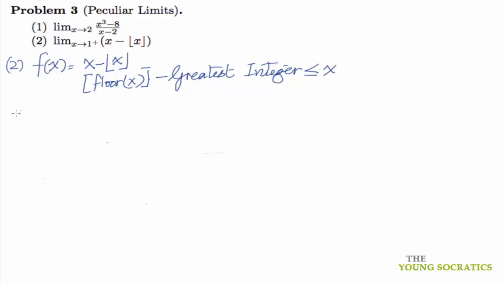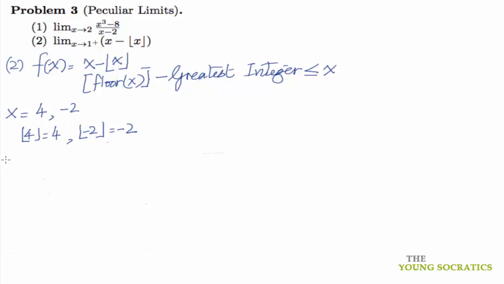Let's see some examples. If x is an integer, say a positive integer 4, then floor of 4 will be 4. If x is a negative integer like -2, then floor of -2 is -2, because the greatest integer less than or equal to that integer is that integer itself.